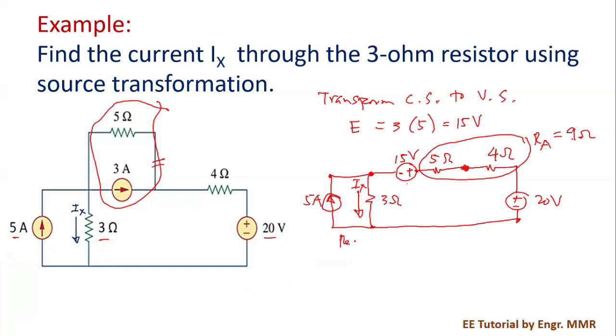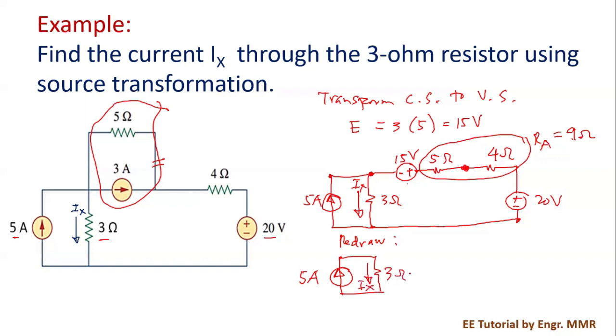Okay, redraw the circuit. After source transformation, we have to redraw the circuit and simplify it in order to know what will be the next step. So let's draw the figure. So we have 5 amperes and the 3 ohm resistor, which is the resistor of interest.